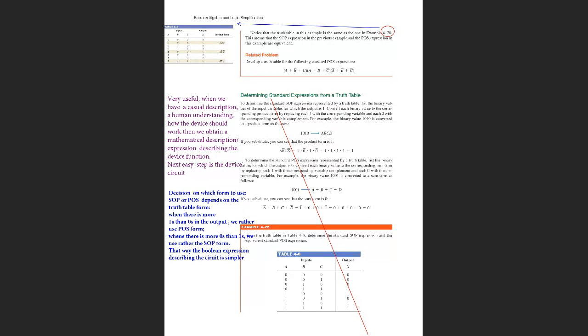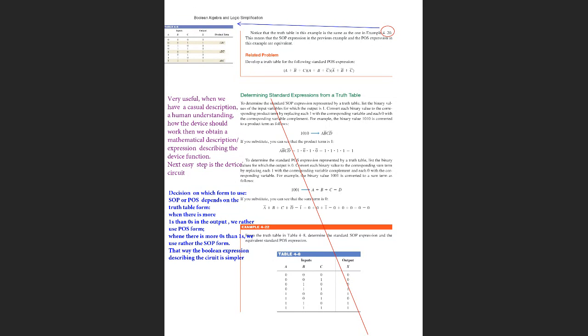In general, to make the expression the simplest possible, we take SOP or POS depending on which numbers are represented more in the truth table.